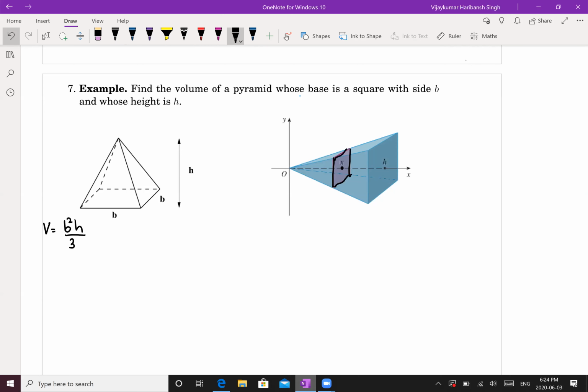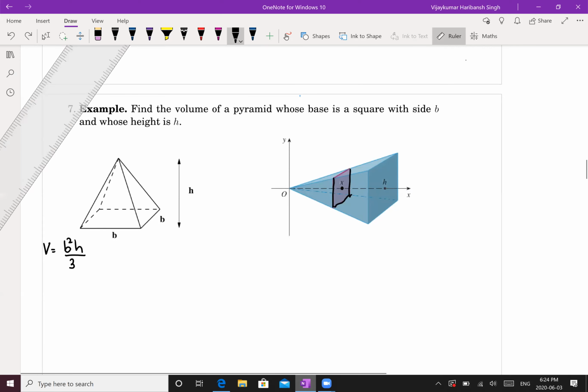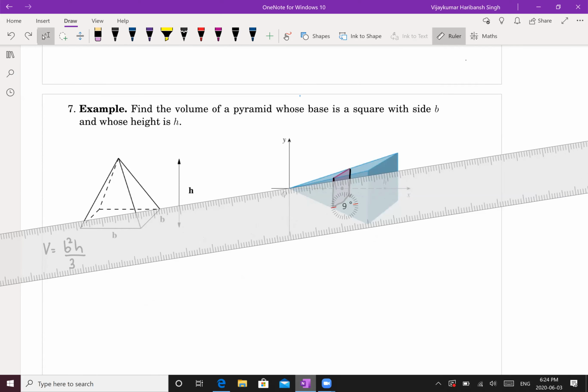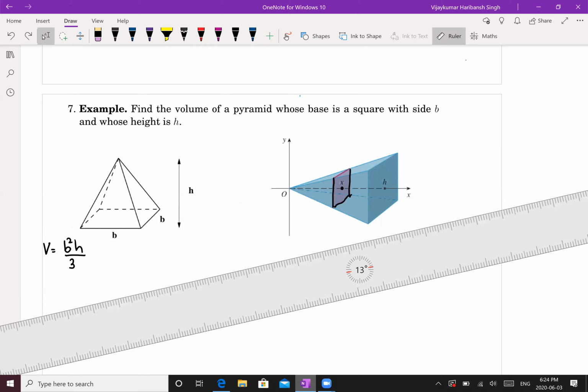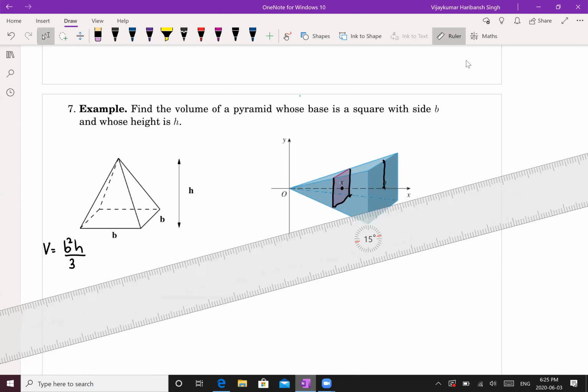Okay. So now to do that, we need to find out what the area is, right? So consider the following. I'll draw on top of H, let's take this point and I'll draw.